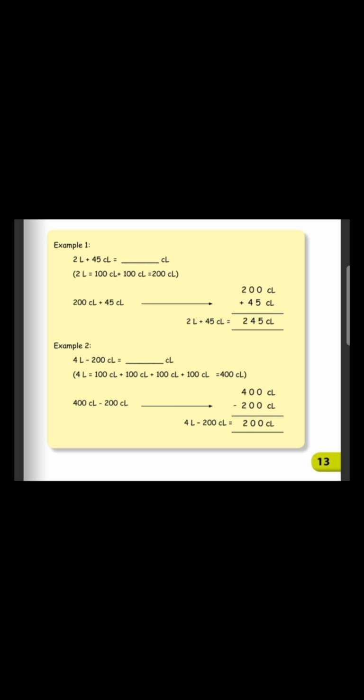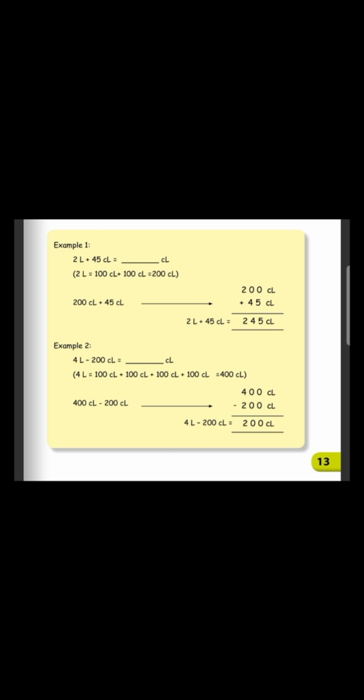Example number 2. We have 4 liters minus 200 centiliters. Now 4 liters, 200 centiliters. We have to convert the liters into centiliters. 4 liters is 400 centiliters.